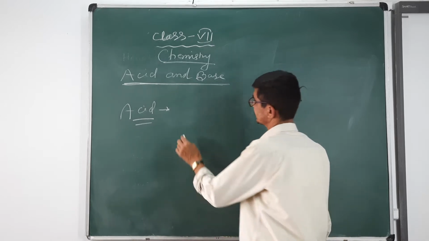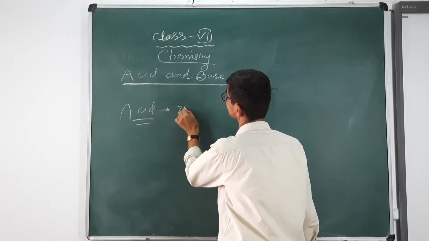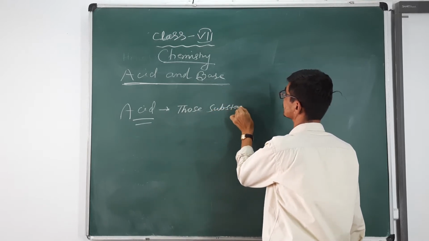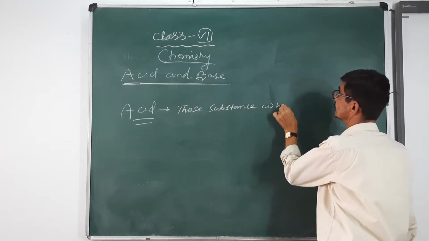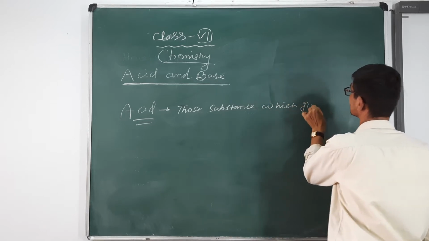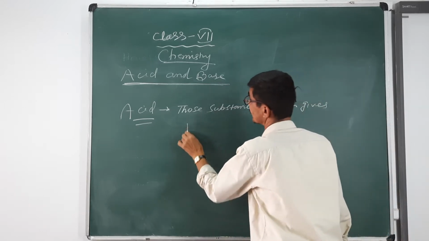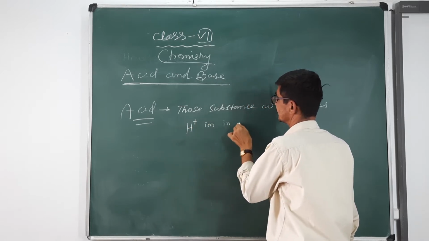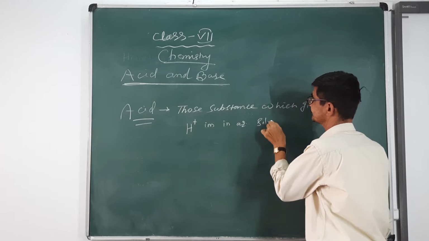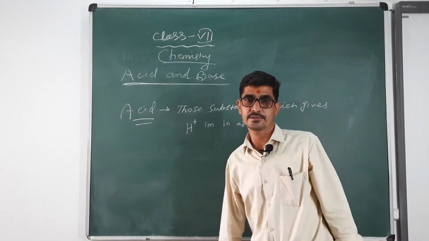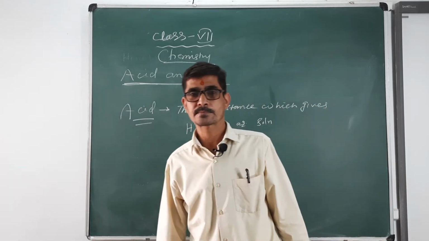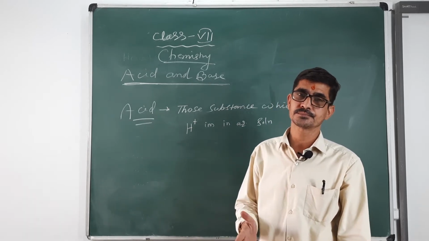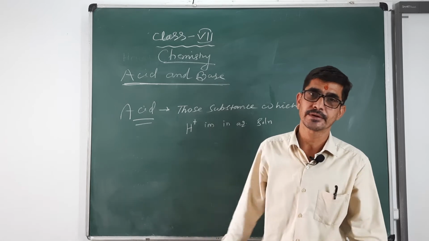Those substances which give hydrogen ions in aqueous solution are called acid. It is sour in taste. It turns blue litmus to red.